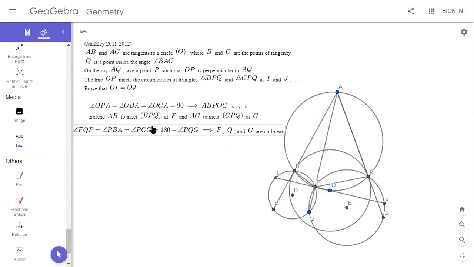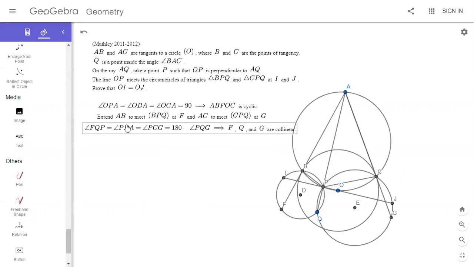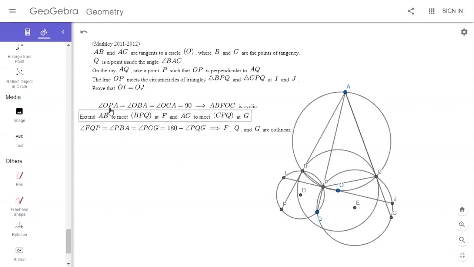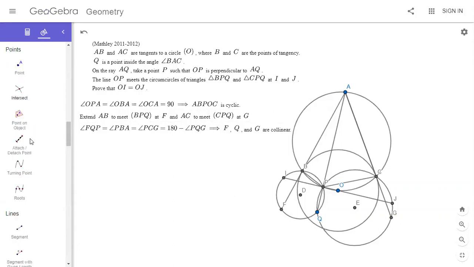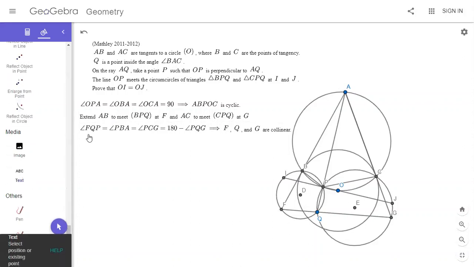All right. Oops, sorry. Let's make some room here. And so we can draw in that segment. And then by power of a point, we can show AF equals AG.